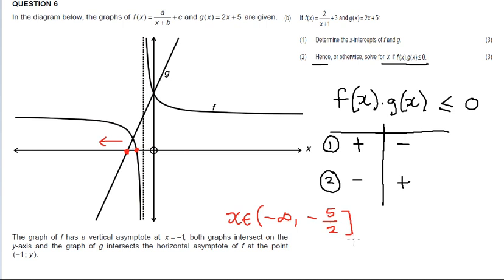So that's going to be between x is an element, and if you recall, we calculated the x-intercept of f of x to be negative 5 over 3. So that's going to be from negative 5 over 3 all the way to negative 1. Negative 1 we cannot include since it's an asymptote. So the answer will be between negative 5 over 3 inclusive and negative 1 not inclusive.